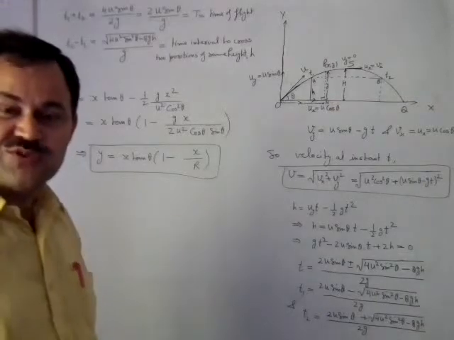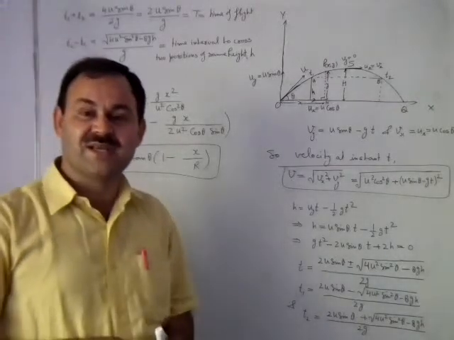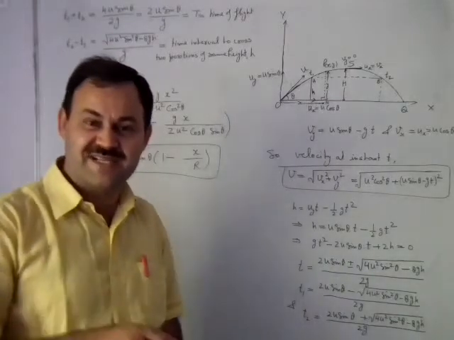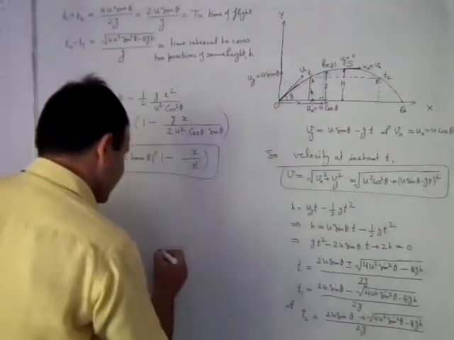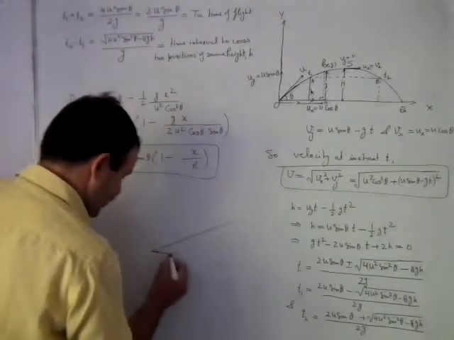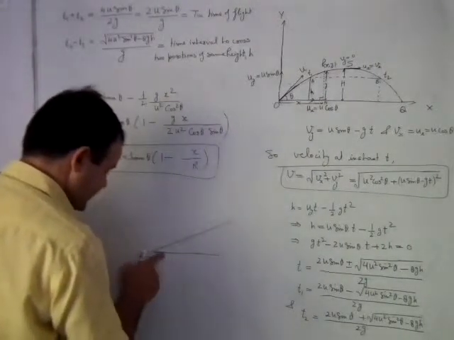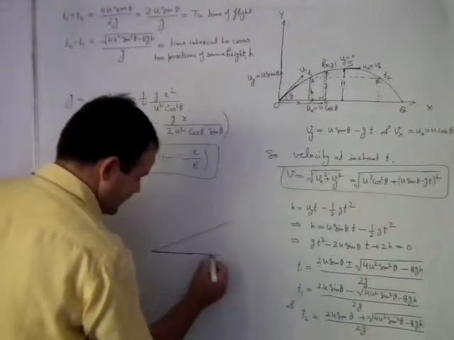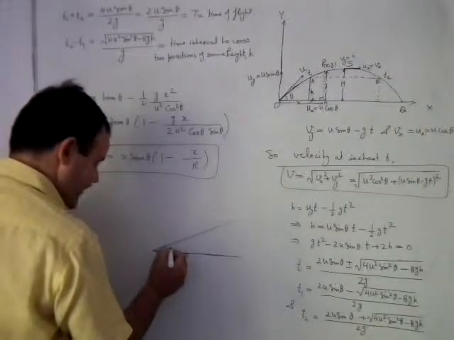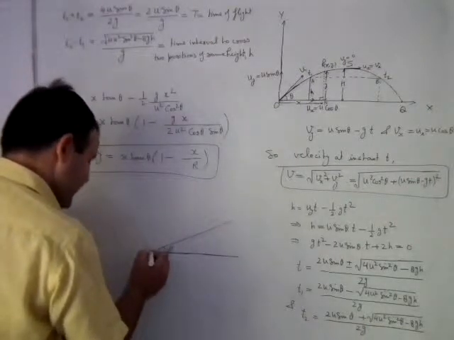Sometimes in a few questions the plane is not taken horizontal, the plane is taken as inclined. So for projectile motion on an inclined plane, we have two possibilities.